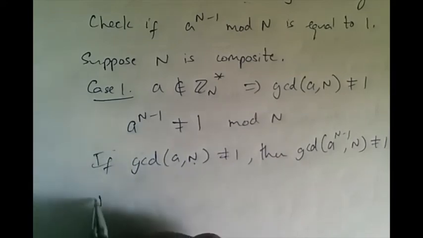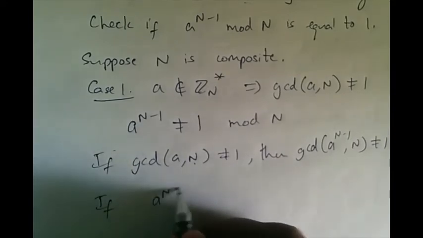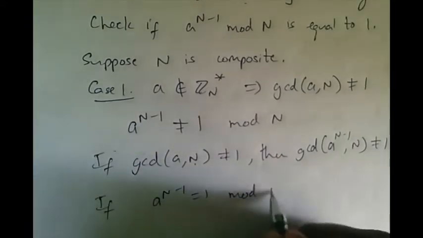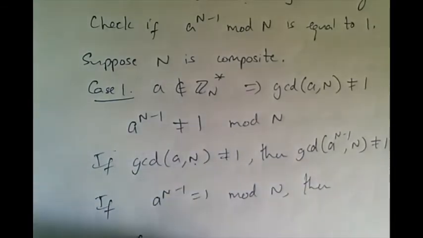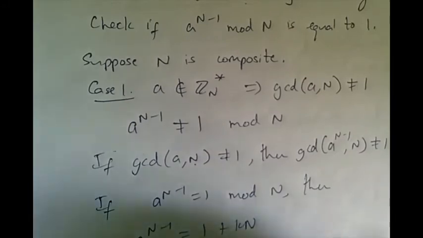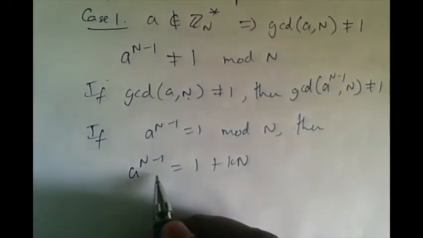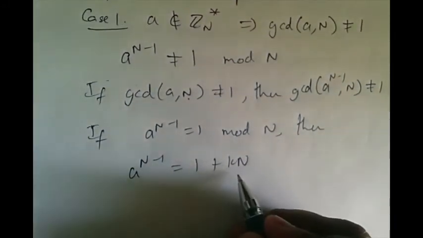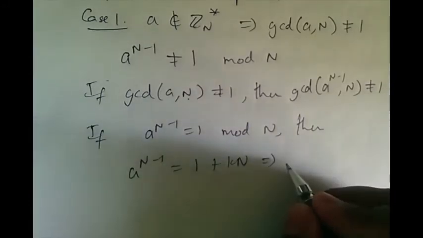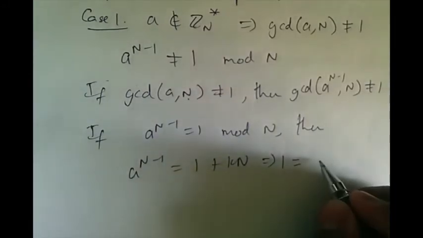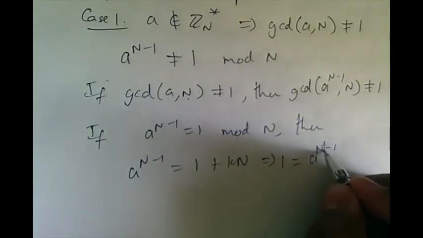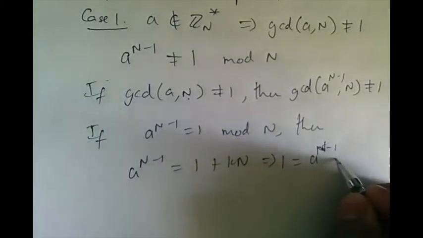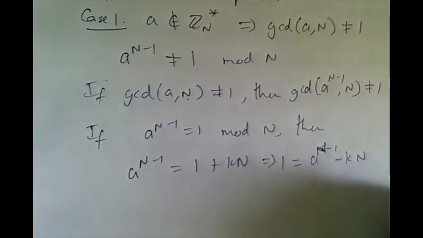Why is that? If a raised to n minus 1 equals 1 mod n, then you can write a raised to n minus 1 as 1 plus kn for some integer k, which implies 1 can be written as an integer linear combination of a raised to n minus 1 and n.